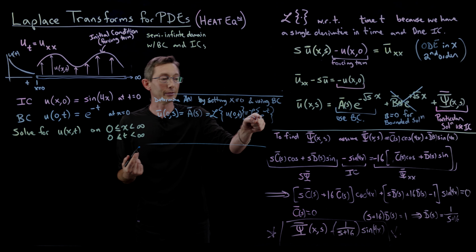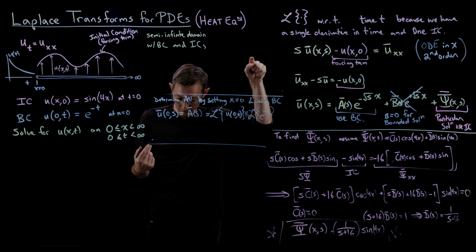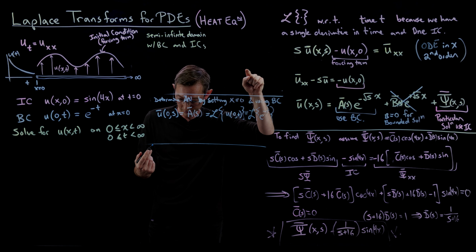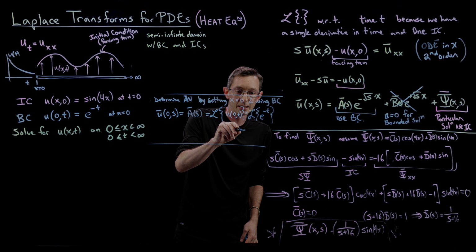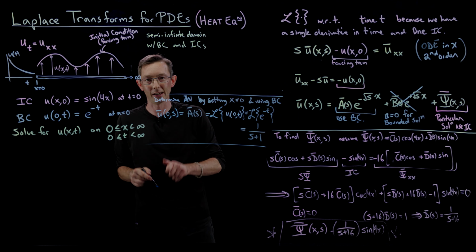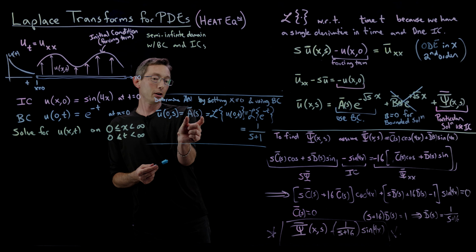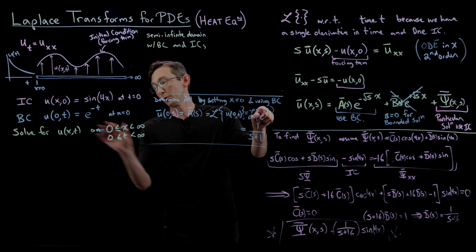And the Laplace transform of e to the minus t is just 1 over s plus 1. Sorry, I shouldn't have said s plus t. So a bar of s equals 1 over s plus 1, because that's the Laplace transform of my boundary condition.